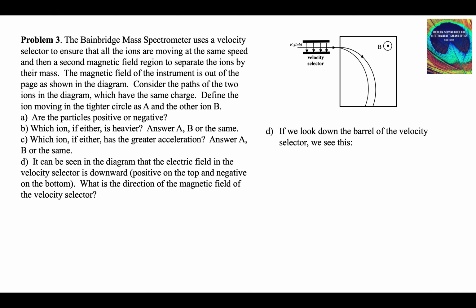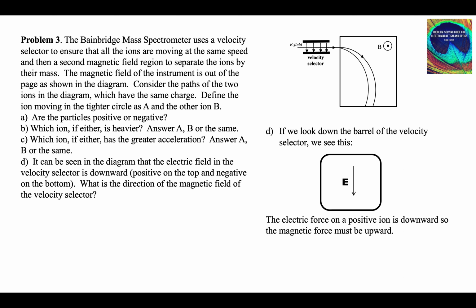Part D. If we look down the barrel of the velocity selector, here's the velocity selector. The E field's downward. It's much easier to look down the barrel, so that's what we're going to do. E field is downward, which means the electric force on a positive particle is downward. The magnetic force must be upward.